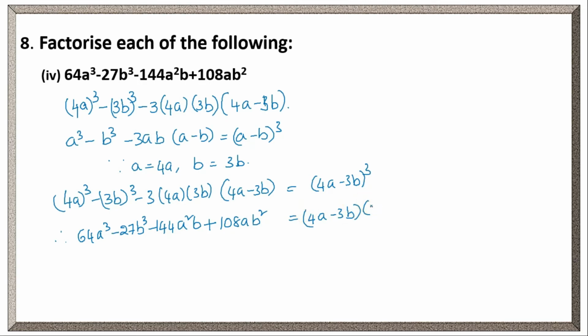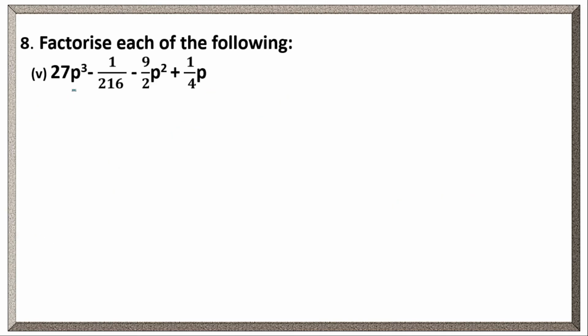So 3 times we have to write (4a minus 3b) into (4a minus 3b) into (4a minus 3b) as the factors of the given cubic polynomial. Clear?